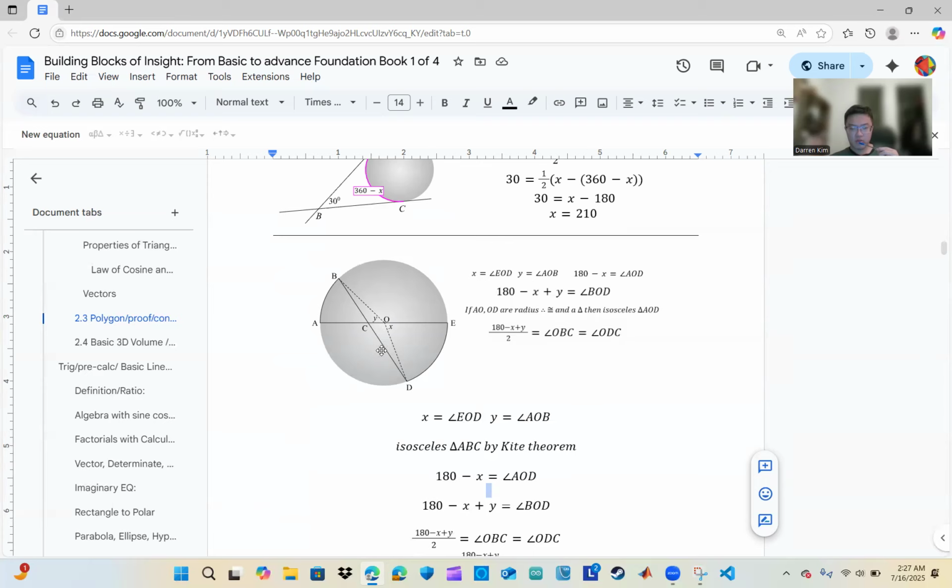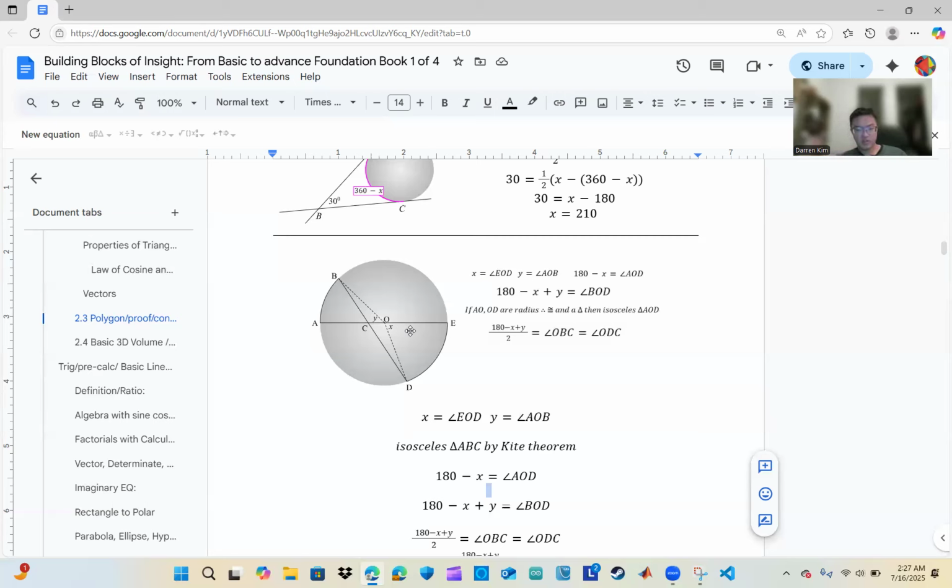We're getting this angle and this angle, okay? 180 minus that, so we get AOD, that is correct. And then we get 180 minus x, which is from that, plus y, equal what? Something's fishy here.